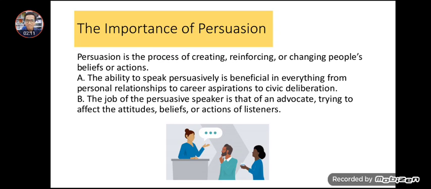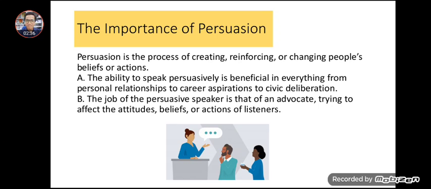We create belief or action, we reinforce something that they already have through our speech, or to the extent that we can change our audience's beliefs or actions about the topic that we deliver.